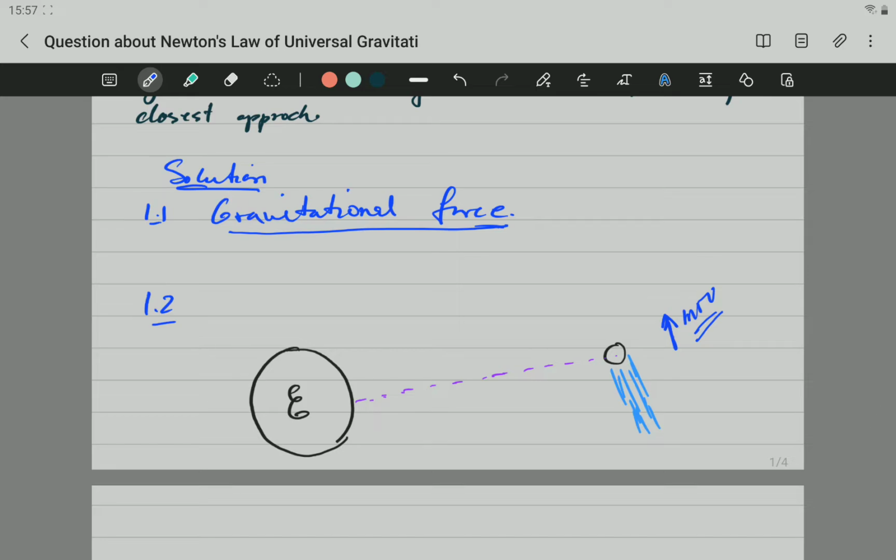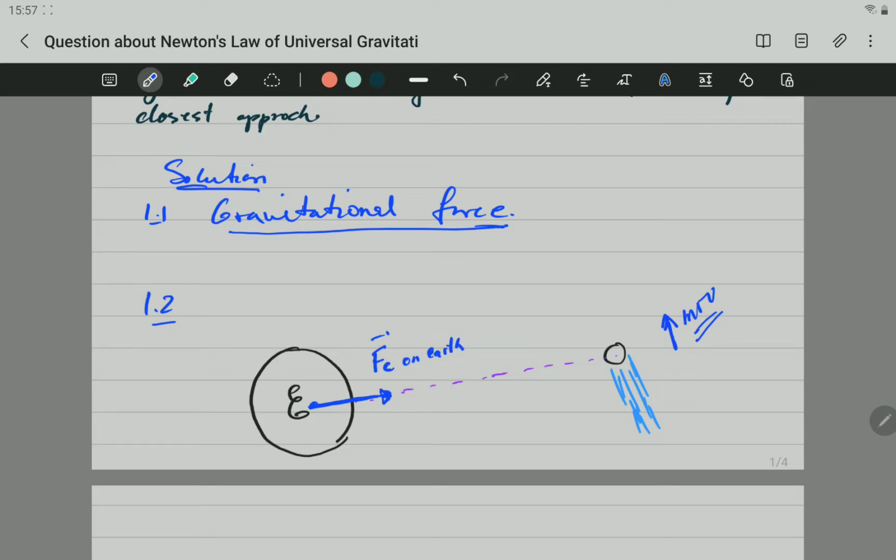There are forces of attraction between the comet and the Earth. They're very far, so the forces are weak, but there are forces. This comet is going to be pulling the Earth towards its center with a force of gravity that we call the force from the comet on Earth.